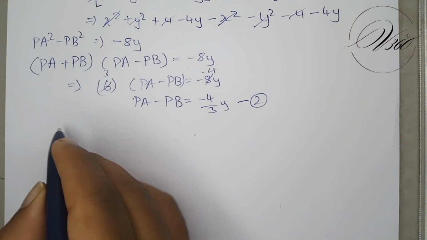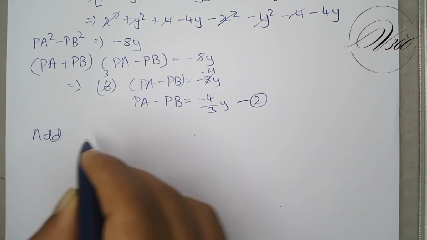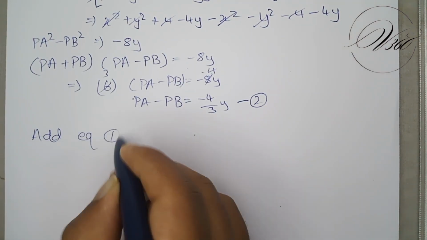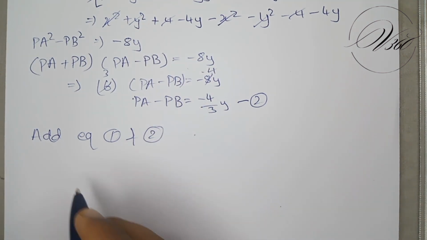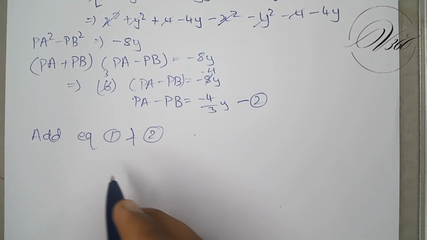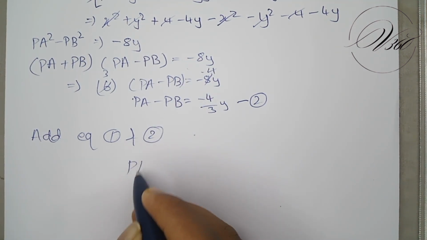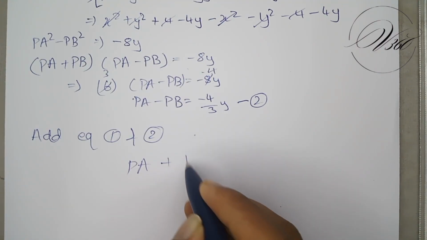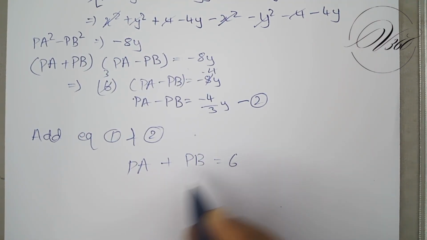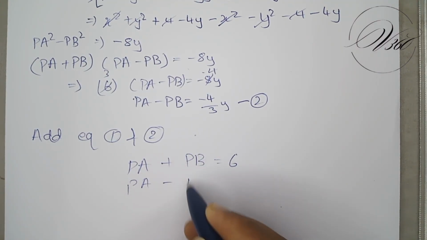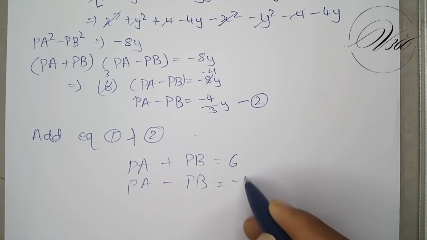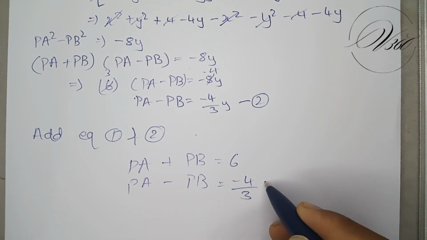Alright, now we'll add equation 1 and 2. Okay. Now we are going to add equation 1 and 2. That is PA plus PB is equal to 6, PA minus PB is equal to minus 4 by 3 y.